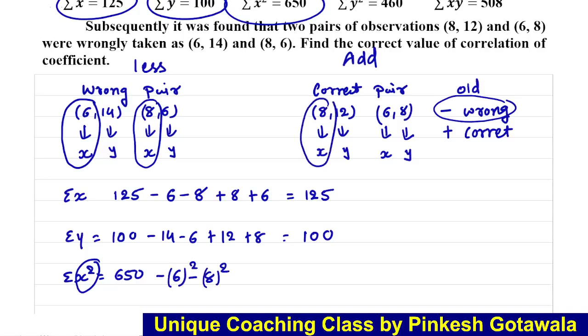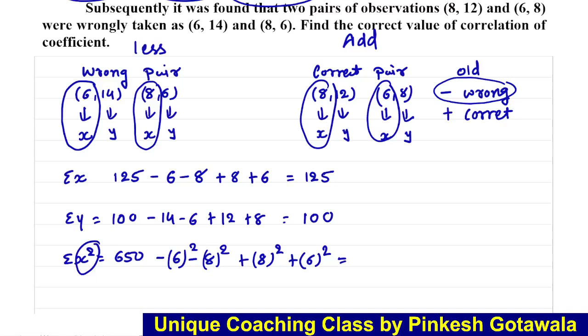Now correct pair 8 and 6, so we have to add 8 and 6 squared. So 650 minus 36 minus 64 plus 36 plus 64. So here it is the same, because minus 36 64 plus 36 64. So you will get the same answer, that is 650.